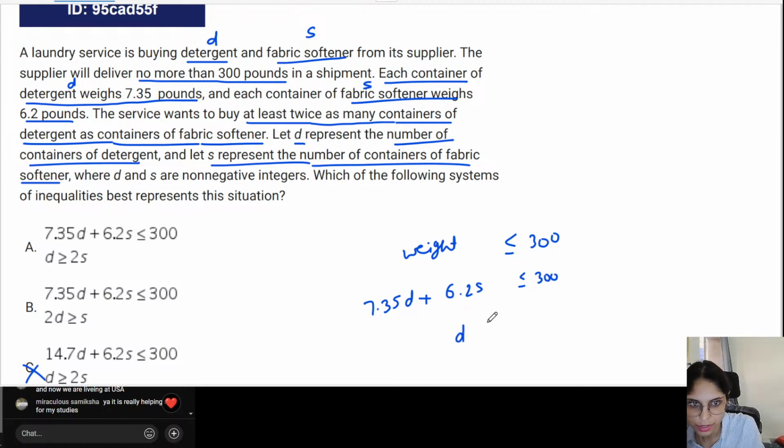So detergent has to be greater than or equal to 2S, because detergent is twice the fabric softener. So it's option A. Got it?